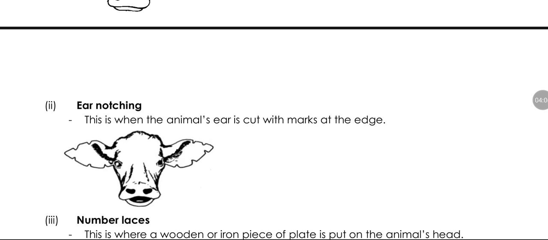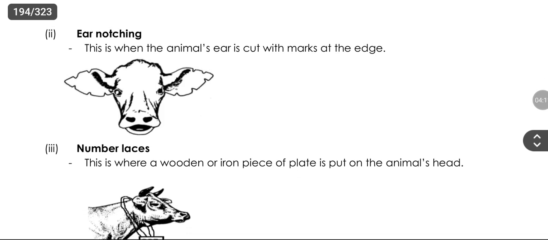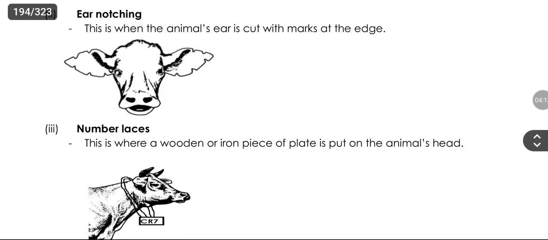Okay? So also have you using number plates. Number plates, this is a wooden or iron piece of plate which is put on the animal's head. So tugisibamu nga mudaali. The way you're seeing this one, tuteekateekamu ka plastic nga kali wooden or nga ka iron.